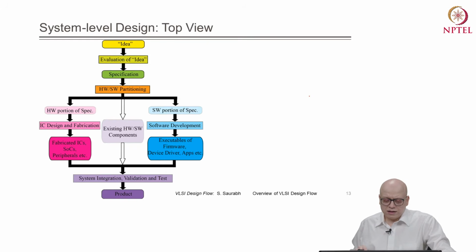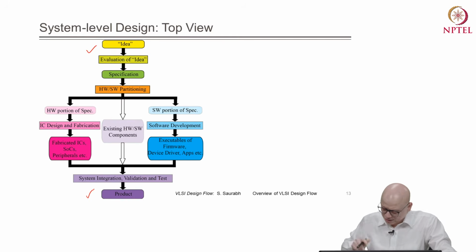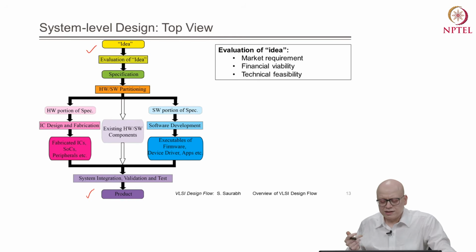In this, when we have an idea and we want to get a product out of it, initially whenever there is an idea, the first thing is that we evaluate whether that idea is worthwhile or not. So we check for the market requirement, we analyze financial viability, and we also look into the technical feasibility.